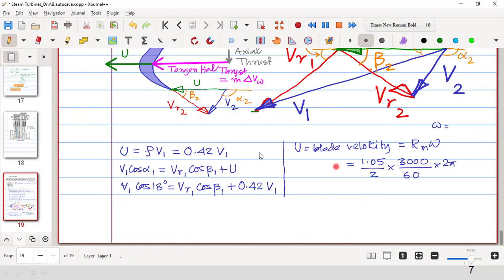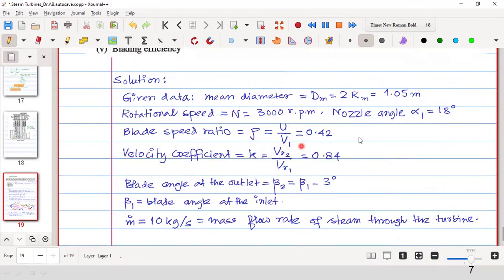So omega is equal to 2 pi N by 60 radian per second. That is nothing but 2 pi into 3000 by 60 radian per second.